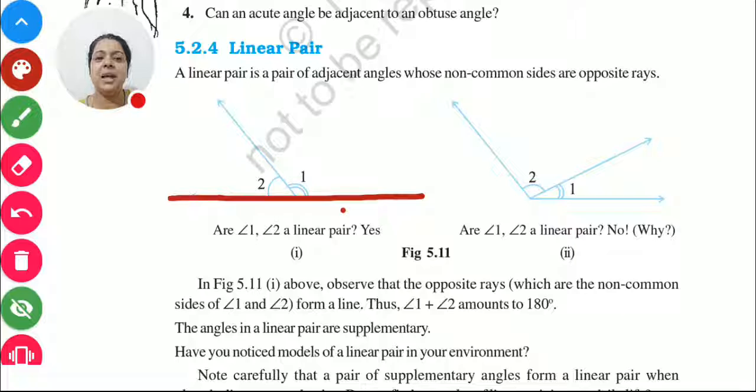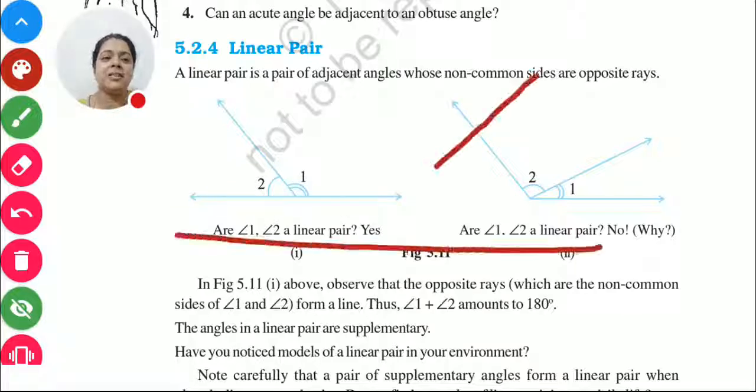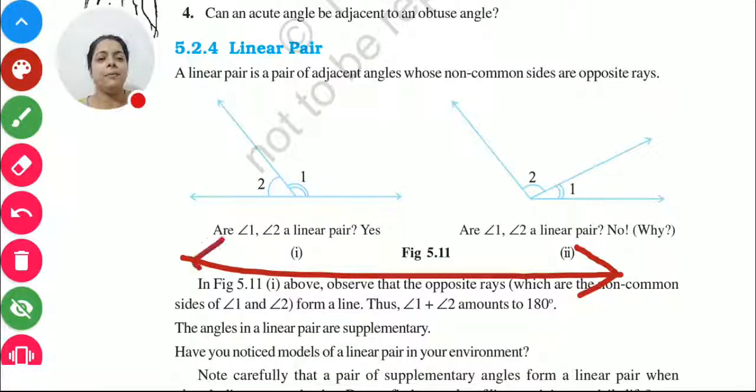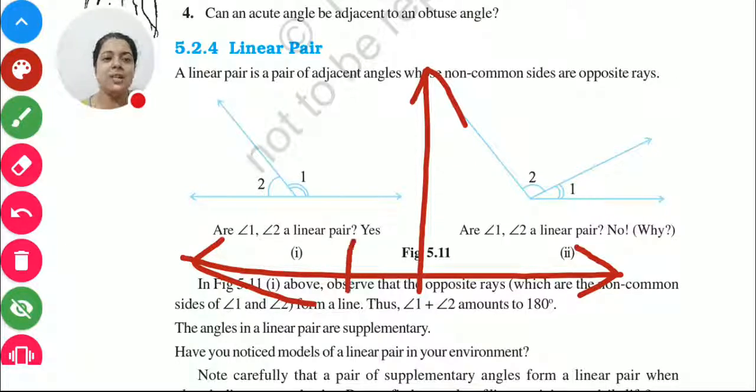Now, which will be another linear pair? I just take this one. Uncommon, opposite to each other, and forming 180 degrees. Uncommon, opposite to each other. You just take it. This is uncommon, but they are opposite to each other.